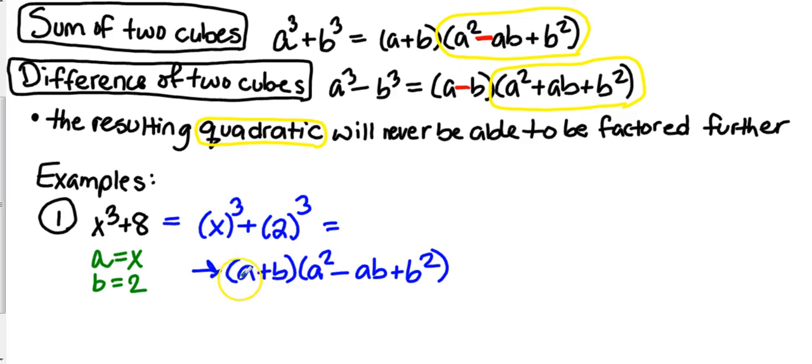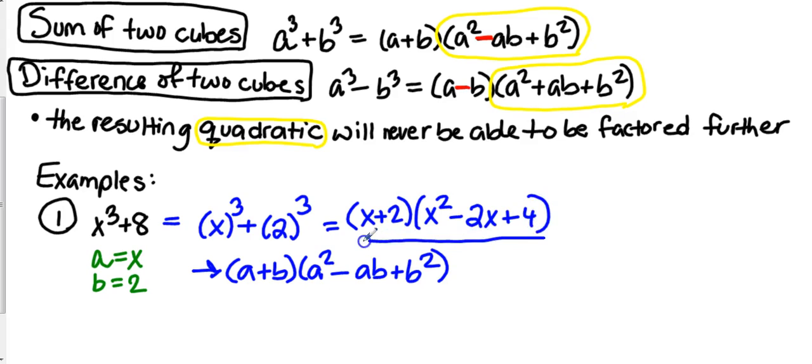Let me say it again. A is x, B is 2. So this becomes x plus 2 times A squared is x squared minus AB, minus 2x, plus B squared, 2 squared is 4. That's it.